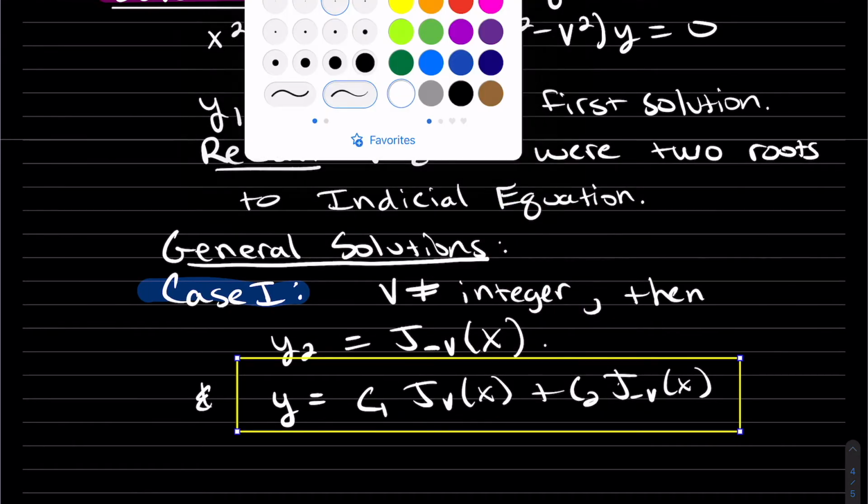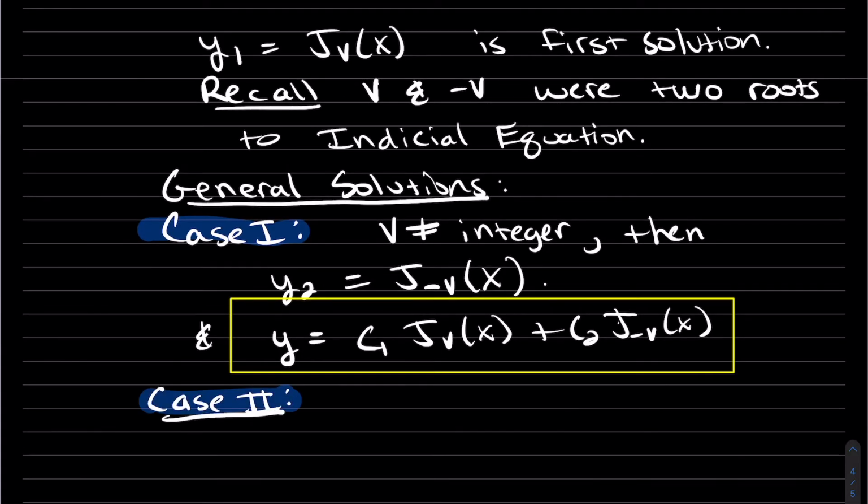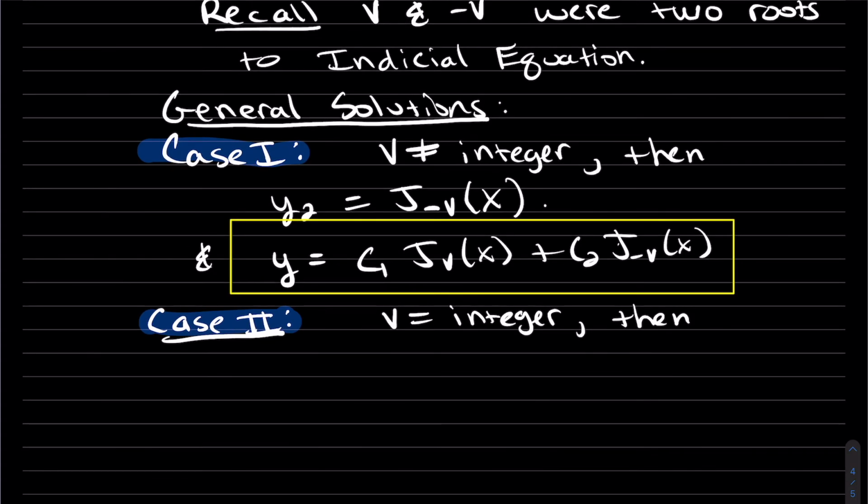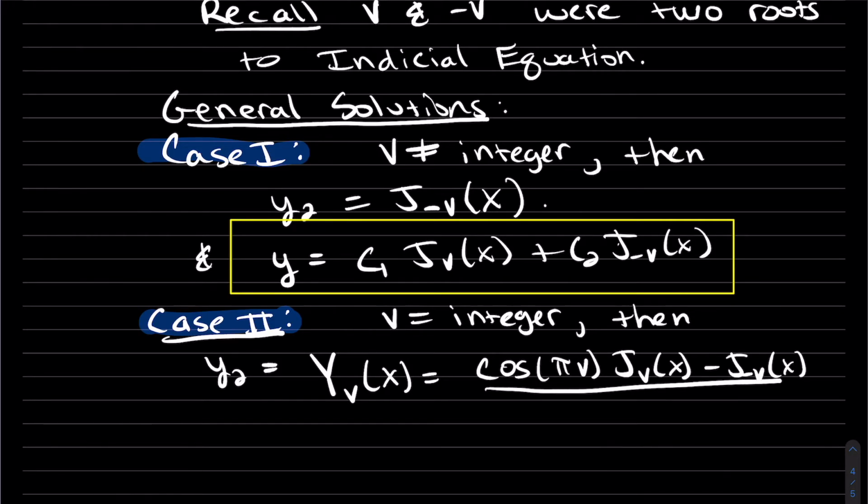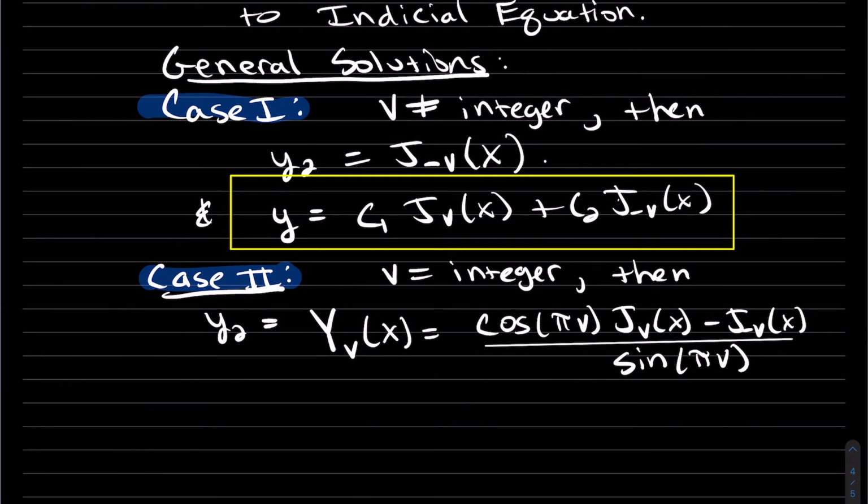Case 2. If v is equal to an integer, then y2 is a different function. y1 is the same one, it's j of v. Remember that first solution is guaranteed from Frobenius. And here's the formula. This can be expressed as a limit.